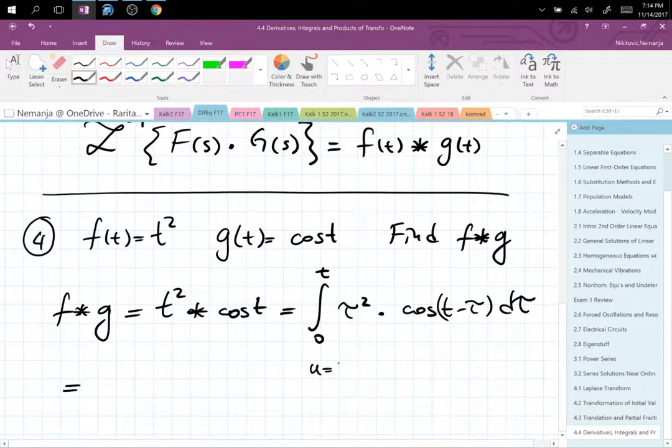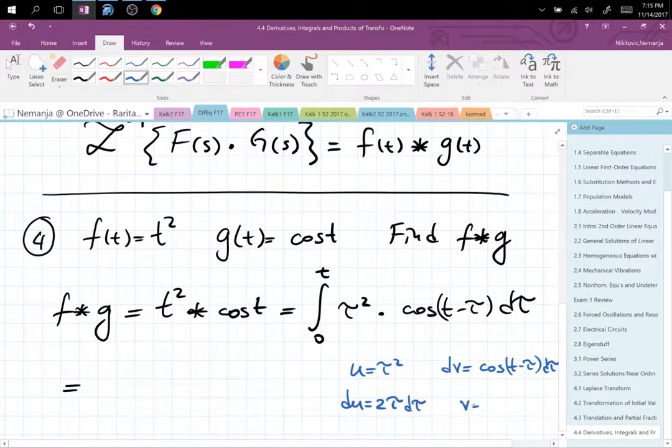So we have u equals tau squared, and dv equals cosine of t minus tau d tau. du is 2 tau d tau, and v is the integral of cosine, which is sine, so you have sine of t minus tau, and then you have to divide by -1, because tau is our main variable and it is negative tau in there. t is a constant because the integration is in terms of tau.